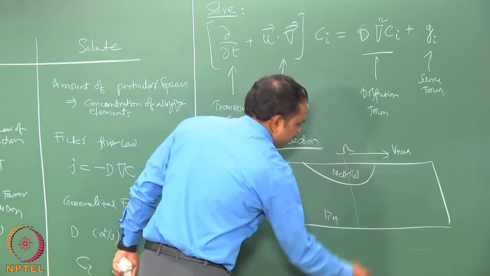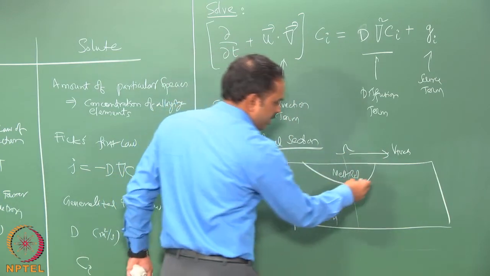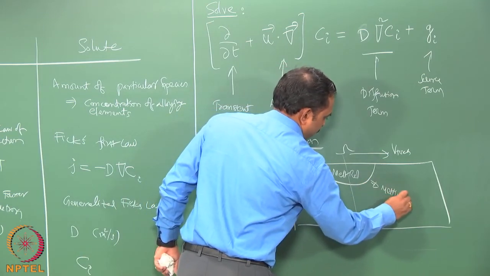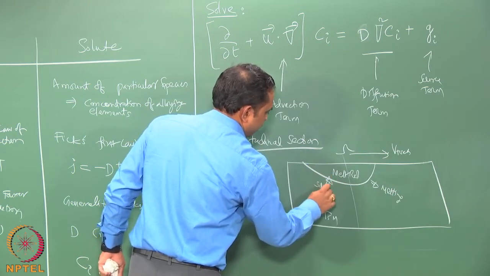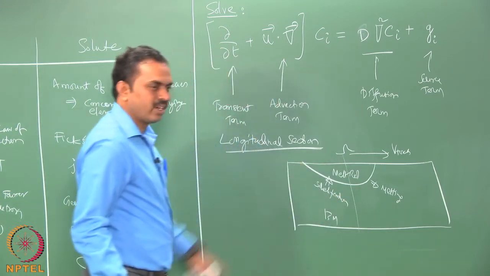And as we have seen earlier, on the forward direction in front of the arc you have the melting that is happening, and in the backward you have the solidification that is happening on the back.